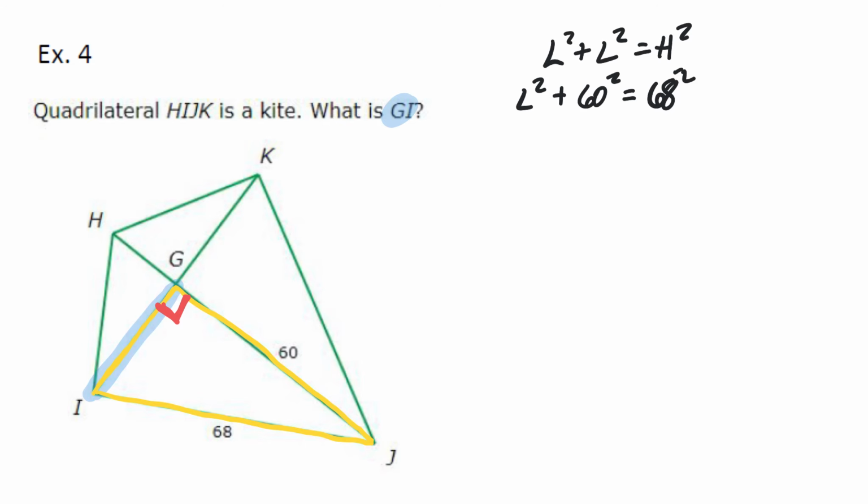All right. So I'm squaring 68 right now. When you square 68, you get 4,624. When you square 60, we get 3,600. We're going to subtract the 3,600 over to the other side.